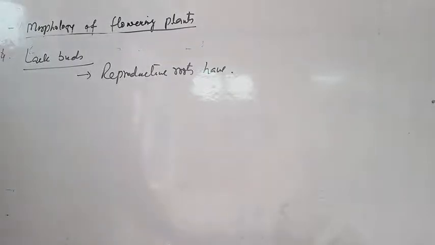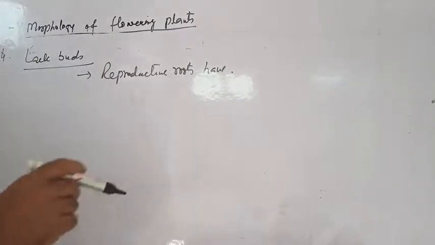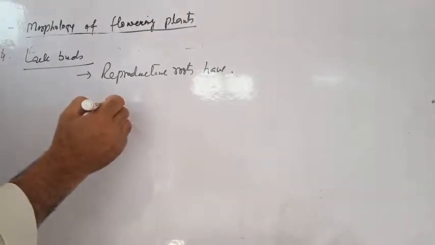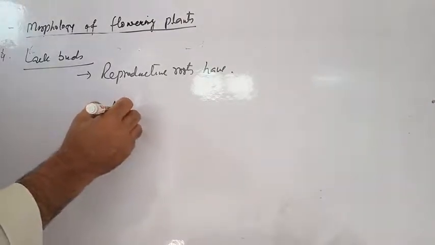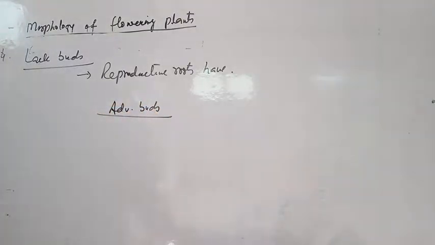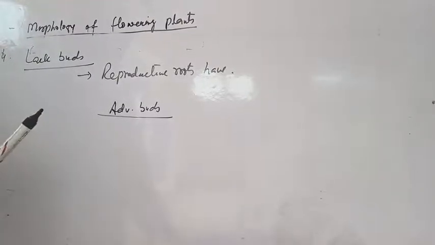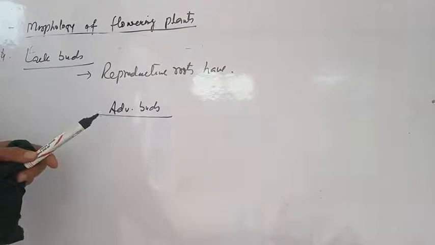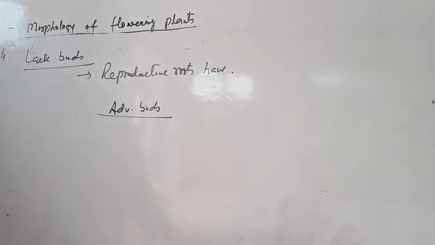These roots participate in vegetative propagation. That is why they are called reproductive roots, and such roots possess buds. These buds are termed adventitious buds. We have the dahlia plant and sweet potato. In these cases, we see that they possess adventitious buds which help them in reproduction.